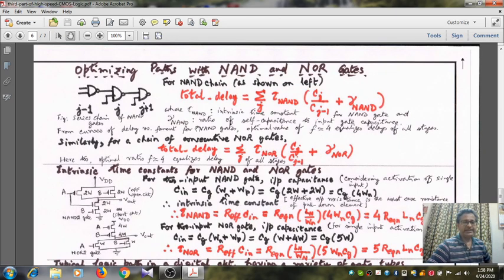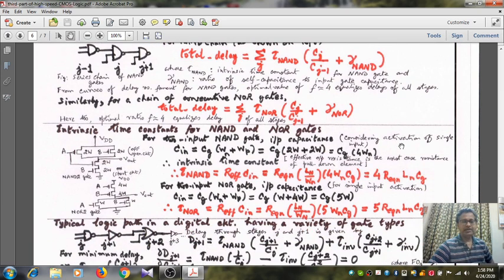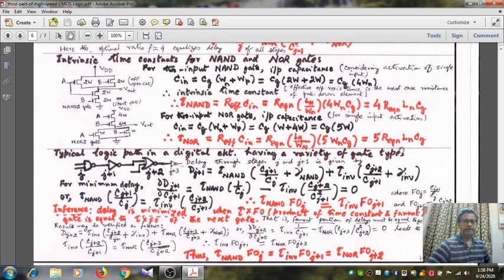Then in general the logic path can involve different varieties of gates, apart from inverter, NAND gate, NOR gate, that too of various fan-in factors. So the very important expression that we found is that the fan out portion of the delay should be the same in the individual stages, not the fan out.